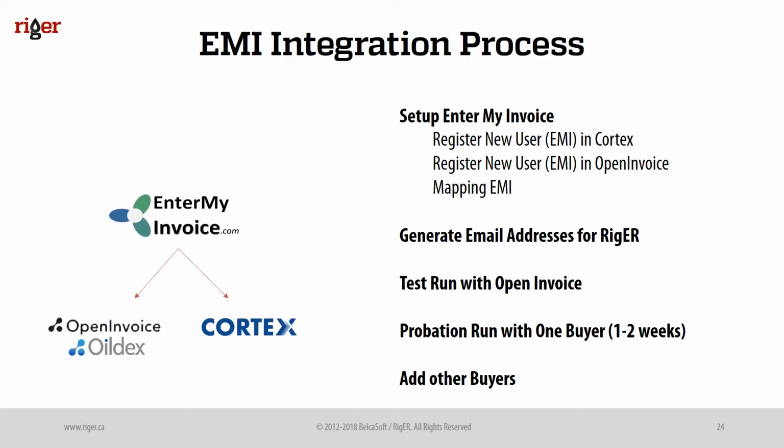We will also generate an email address specifically for your RigER instance. We test run it with OpenInvoice, and we'll also do it with Cortex. We also do a probationary run with one buyer and add other buyers in as well.